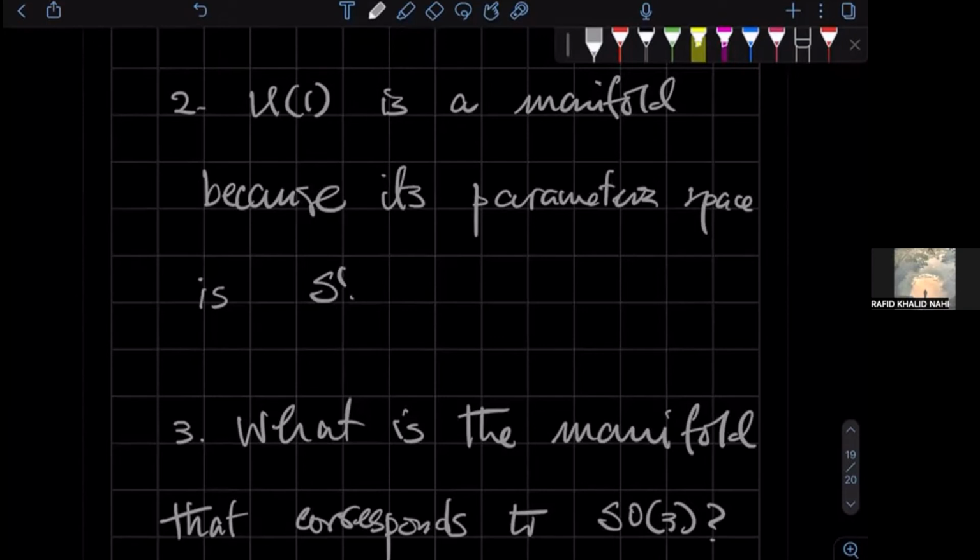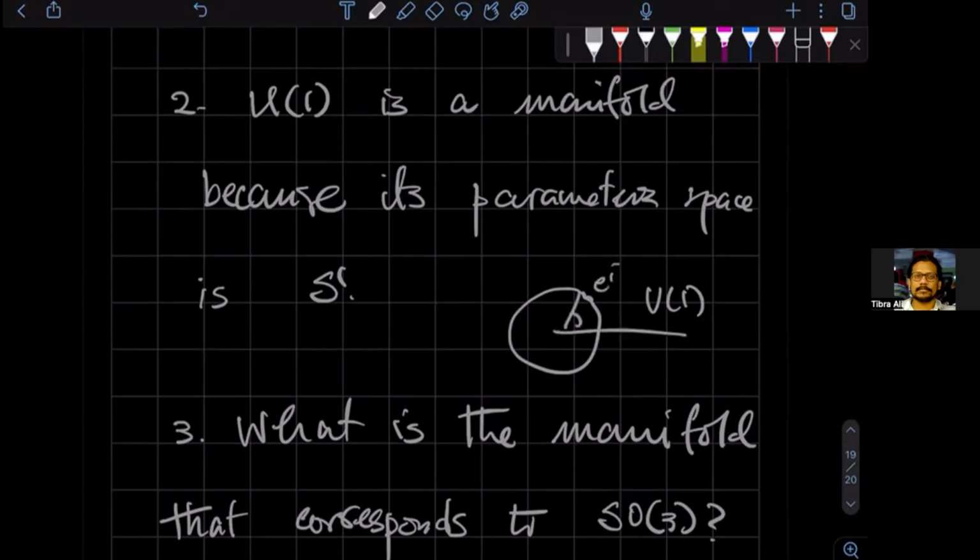Sir, how is the parameter space S1? Isn't it the space from the interval 0 to 2 pi, a segment of the real line? We are identifying 0 and 2 pi for U1. Oh, okay, we are identifying the endpoints, right? For the phases, this is e to the power i theta.